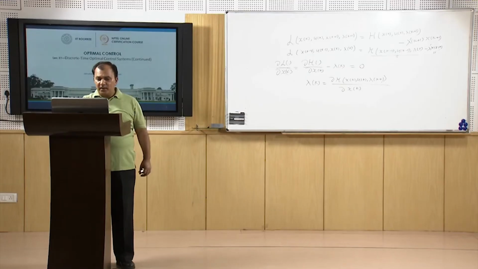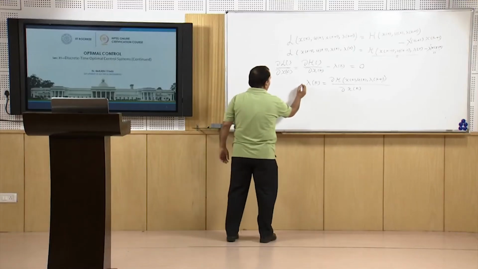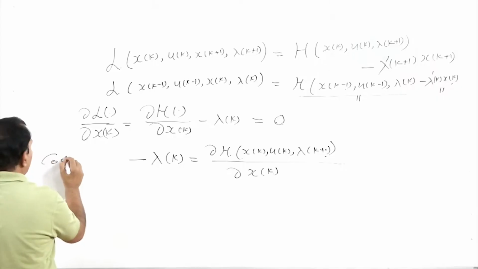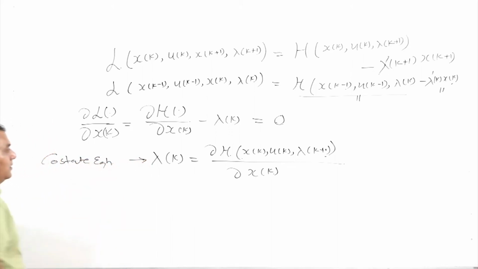And this is nothing but the equation I am getting, lambda k equal to del h function of x k, u k, lambda k plus 1 by del x k. So, this is nothing but giving me the co-state equation. So, this will be my co-state equation.